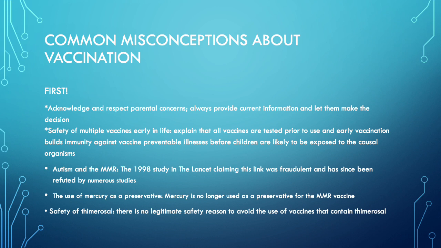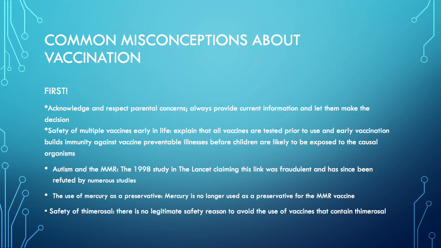So, common misconceptions about vaccination. So the first thing you want to do is clarify what their concerns are. And most of the time, it usually is a misconception. The most common misconception is that it is related to autism, and that was a study done in 1998. And since then, it has been refuted, and apparently, a lot of fraudulent activities went on around that time.